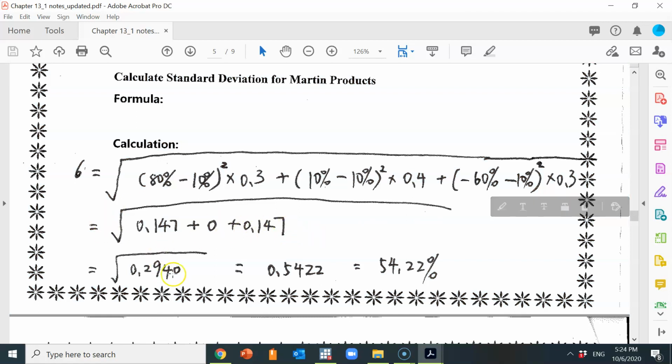And then calculate these, add them up, take the square root. I have 54.22% as the standard deviation for this firm. This stands for how volatile the return of this firm is, how the returns are deviating from the expected return, 10%.